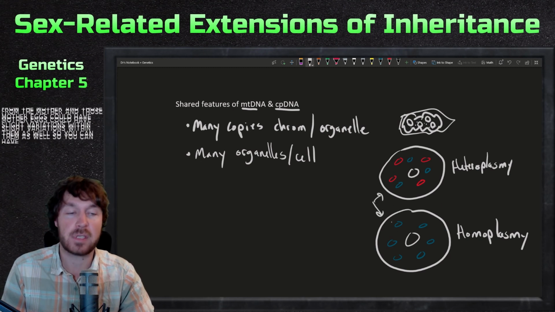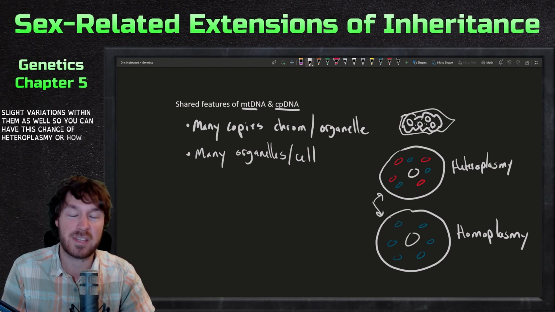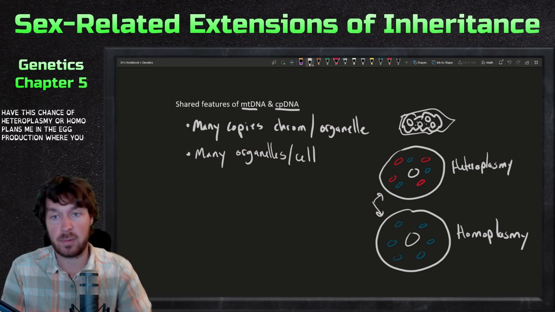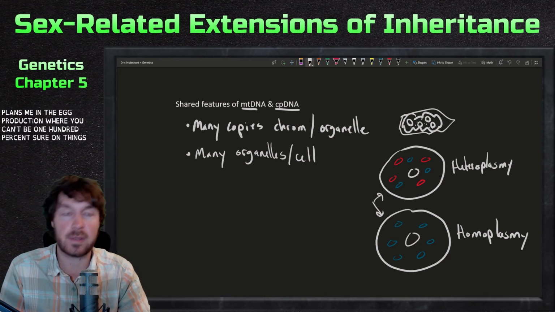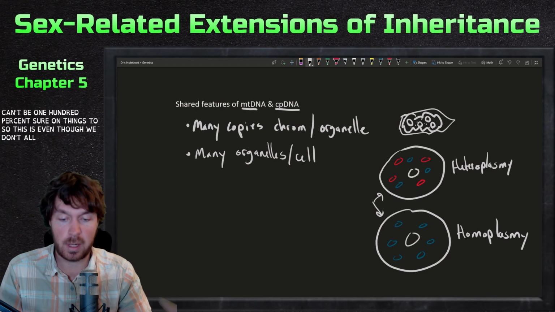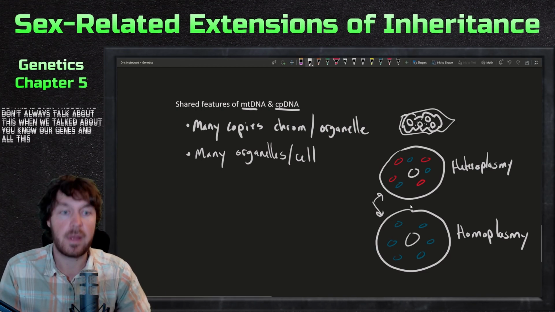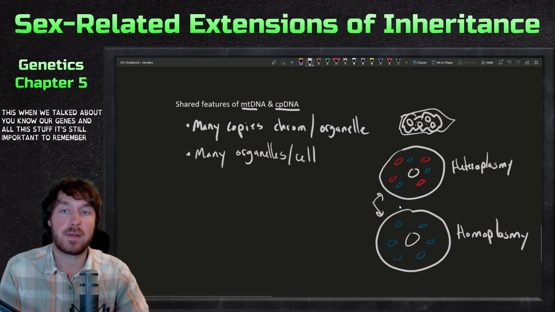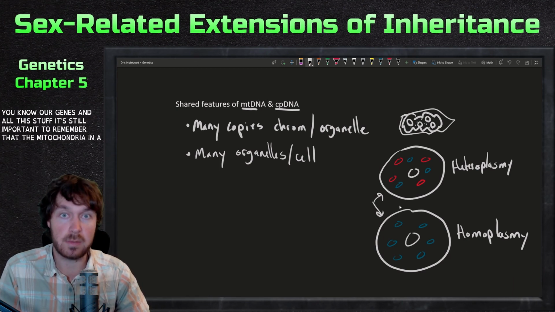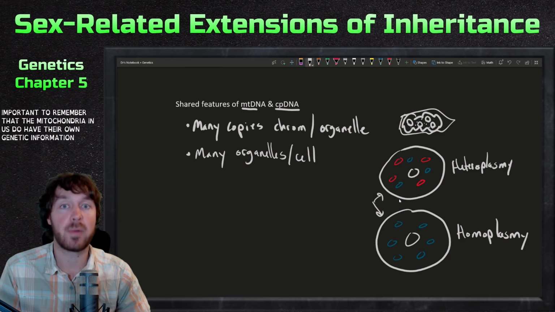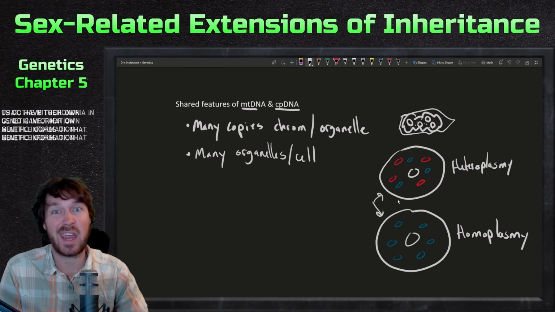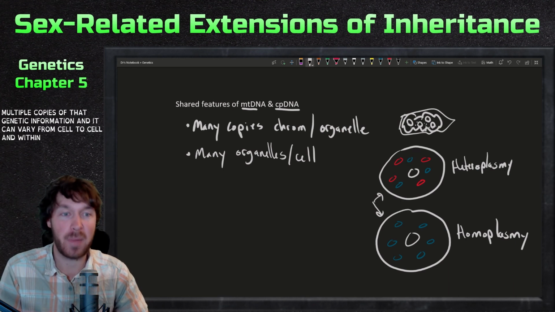So you have this chance of heteroplasmy or homoplasmy in the egg production where you can't be 100% sure. Even though we don't always talk about this when we talk about our genes, it's still important to remember that the mitochondria in us have their own genetic information, multiple copies of it, and it could vary from cell to cell and within one mitochondria as well.